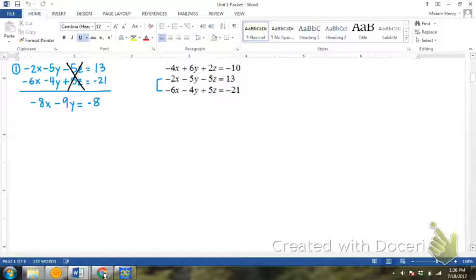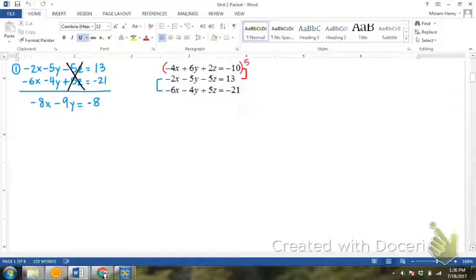What about looking at the top two equations? On the top two equations, these two right here, we have a 2 and a negative 5. So they're already opposite signs, but we need them both to be what number? 10 to cancel out, right? So that means I'm going to put parentheses around this top one.